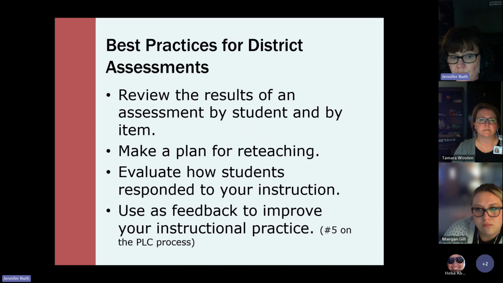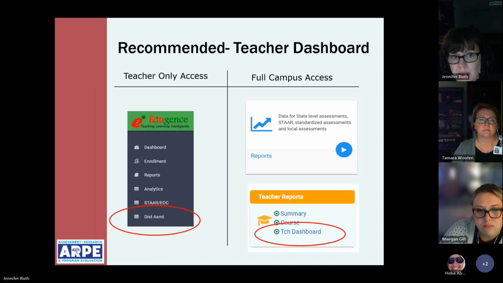Evaluate how students responded to your instruction, and then also use that as feedback to improve your instructional practice. That's question 5 on that PLC process framework that we never get to, which is improving your instructional competence, being able to figure out where I can improve as a teacher, and our district assessments can give you some valuable feedback to help you with that.